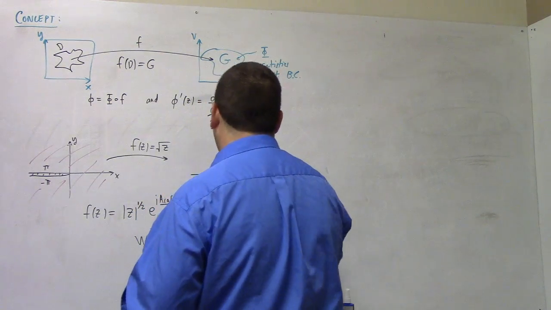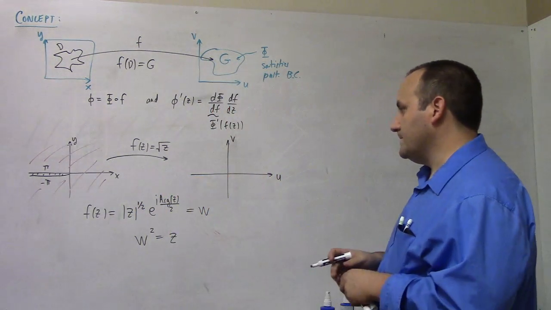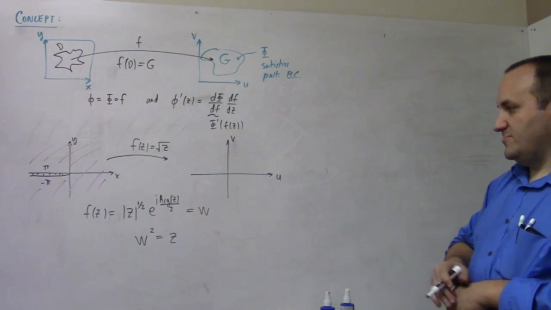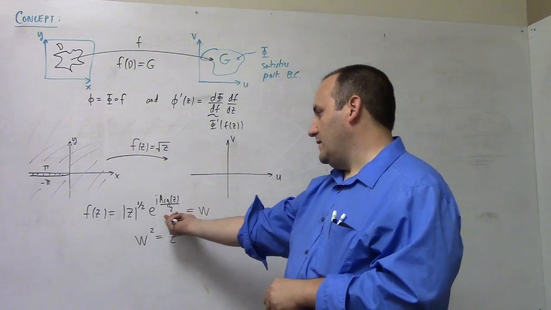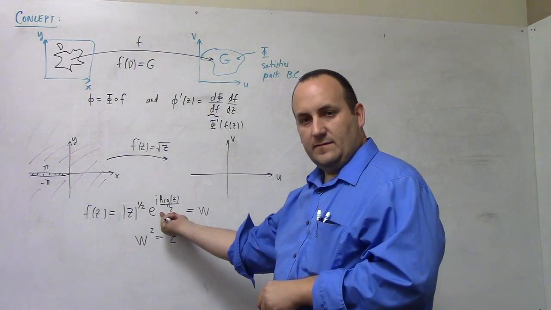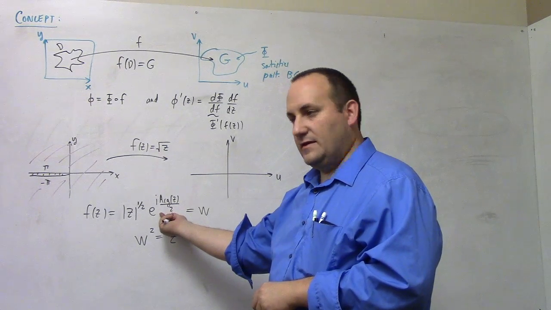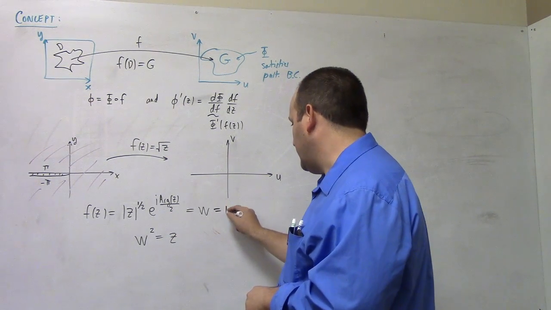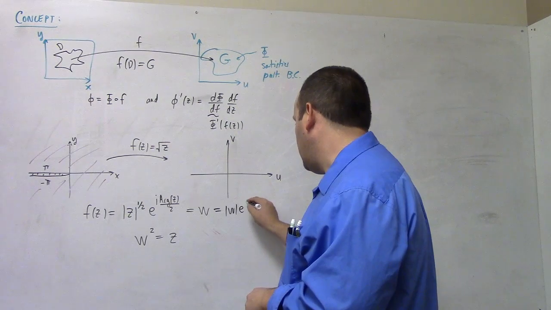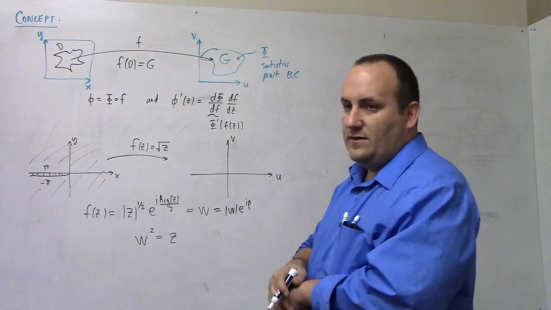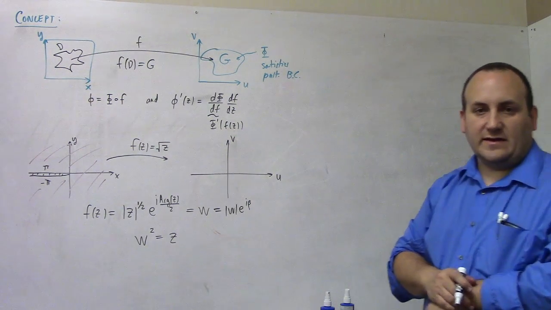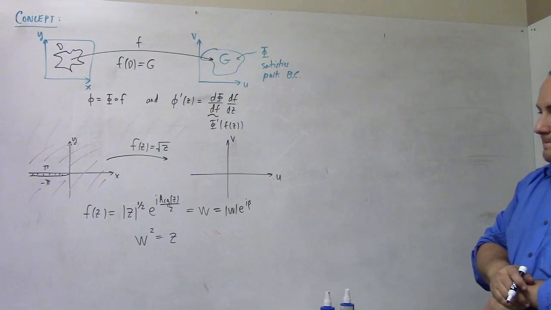Over here in the W plane, or the UV plane, if you like, say W is equal to modulus of W times e to the i beta, using beta for the angle in the UV plane. What does beta range over?